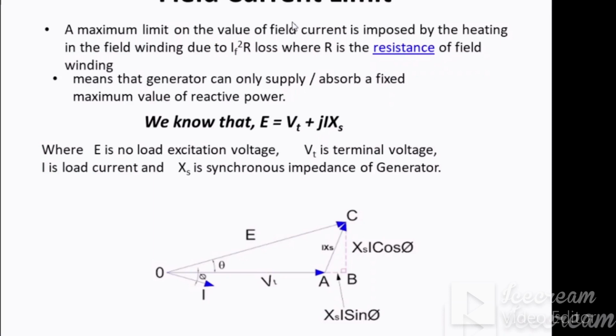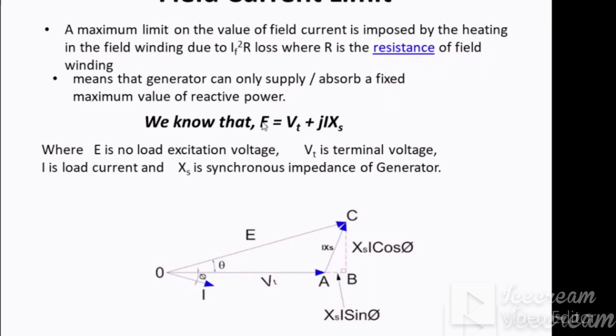And this has the constraint of the maximum current which can flow through the field winding, and that must be within the permissible limit in order to avoid any kind of losses and thereby the heating. So the value of reactive power being supplied by the generator has a certain constraint, so it can only supply or absorb a fixed amount of the reactive power.